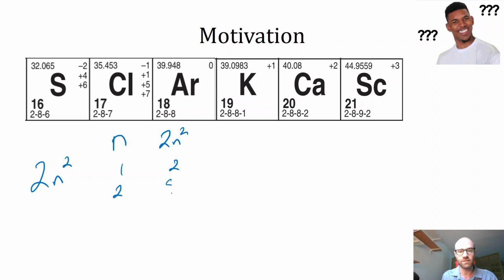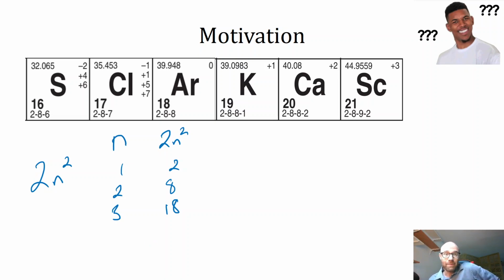For the second energy level, 8, and for the third, you could fit 18. So you figure we're counting in order, we're adding 1 electron with each of these subsequent atoms. Sulfur has 16, chlorine 17, argon 18, potassium 19, 2-8-6, 2-8-7, 2-8-8, 2-8-9. Not 2-8-9.